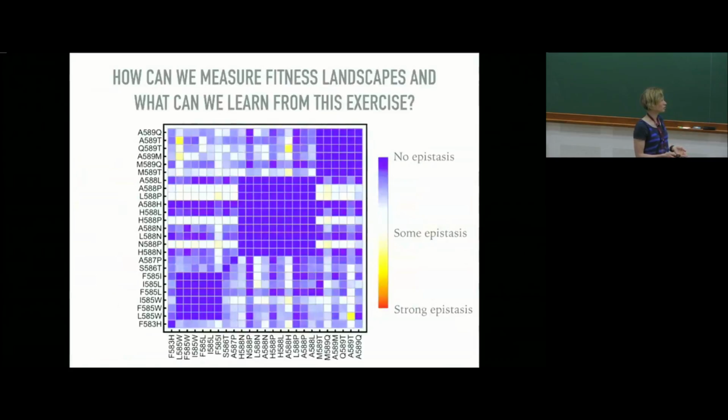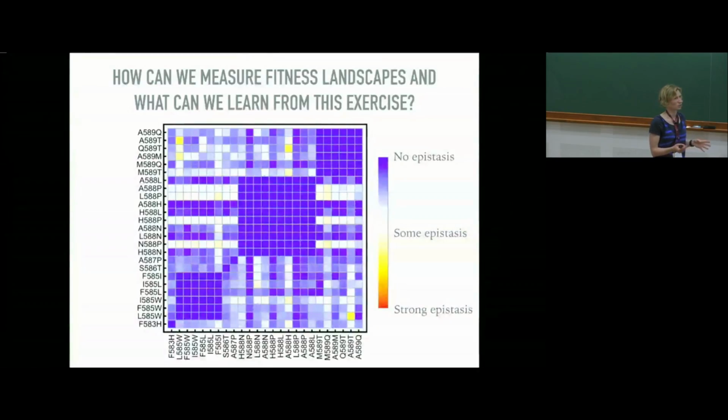So what you can then do is build something like a fingerprint of your fitness landscape. Now here you see any possible combination of substitutions in the landscape. And then in color is basically this correlation measure. If it's dark blue, then there's no epistasis. If it was red, which it never is, then there would be very strong epistasis.